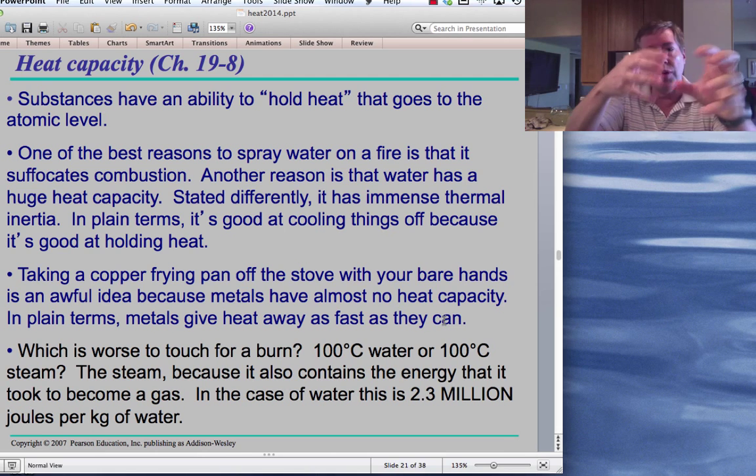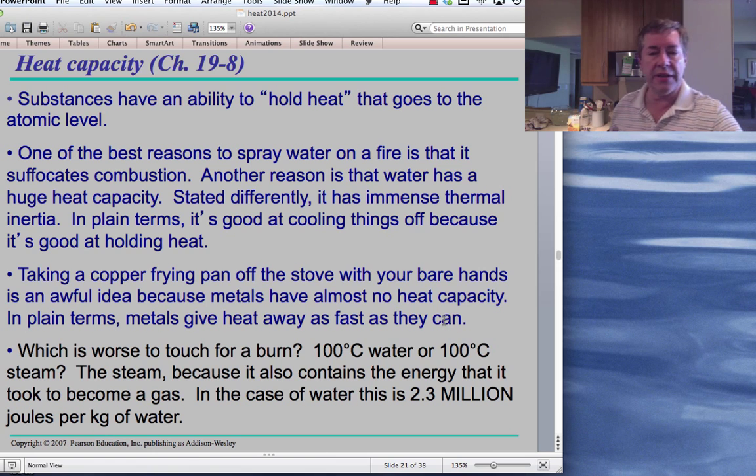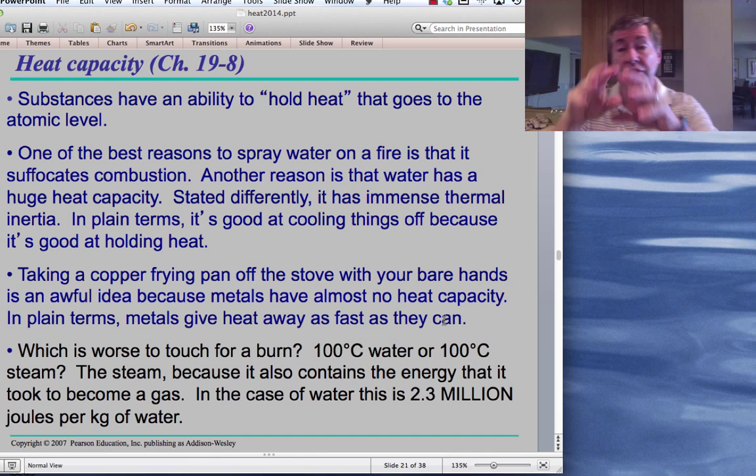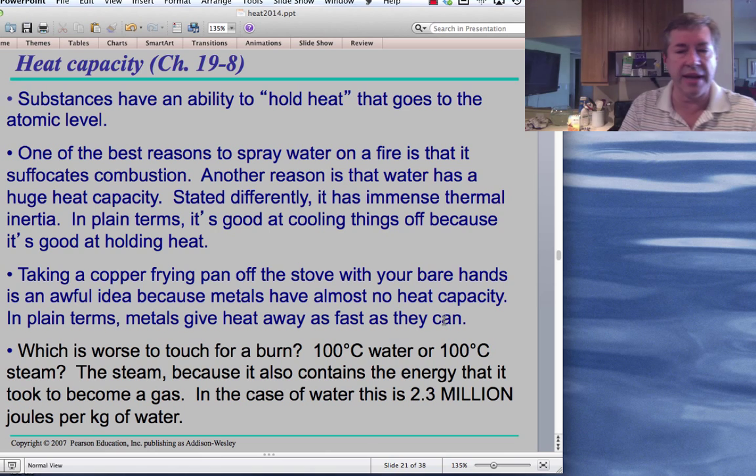The bonds roughly holding the water together into some kind of connected fluid have been broken, and an enormous amount of energy, it turns out, was required to break up the water structure on a microscopic scale.